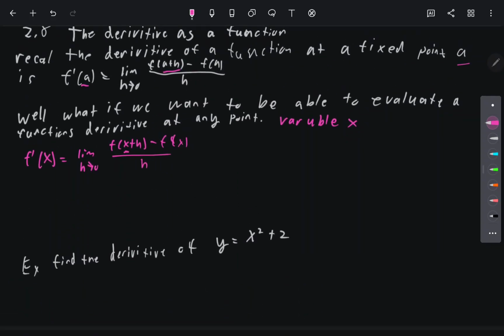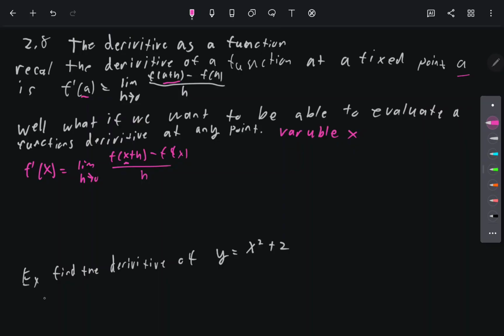So we really are going to be looking down here at this y. Another notation that we might use is y prime is equal to the limit as h approaches 0, and we're just going to want to plug in this x plus h for this x in x squared plus 2.